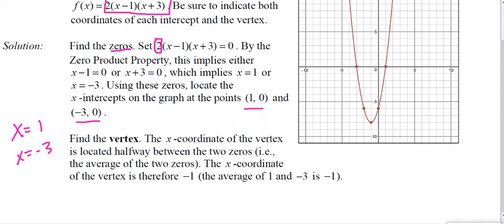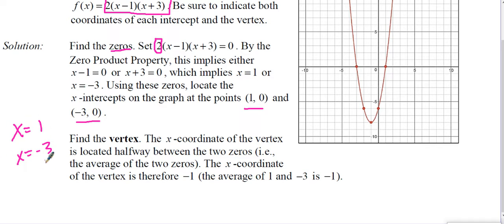And then my next task is to find the vertex. In order for me to find the vertex, I need this information over here, because the x-coordinate of the vertex is located in the middle of these two numbers.